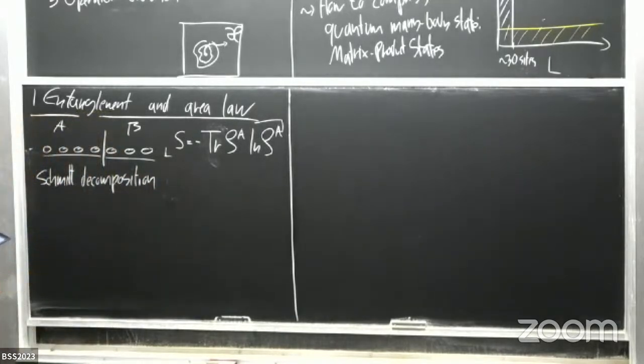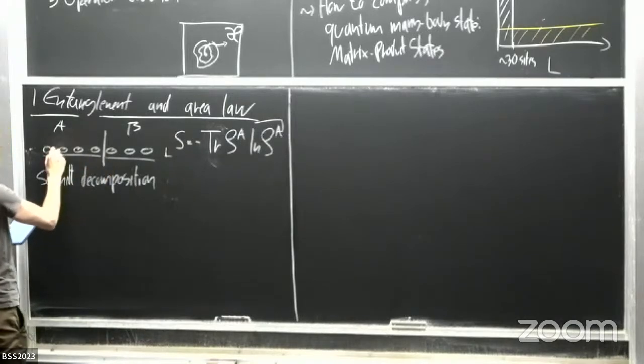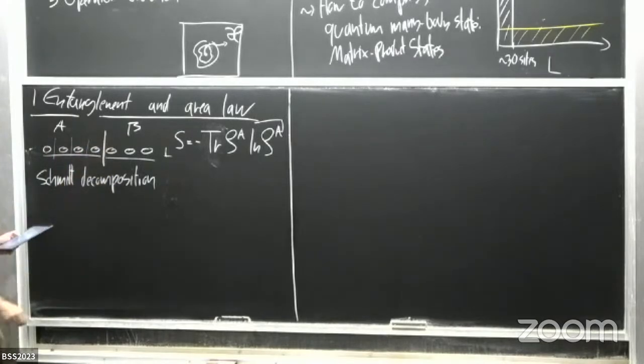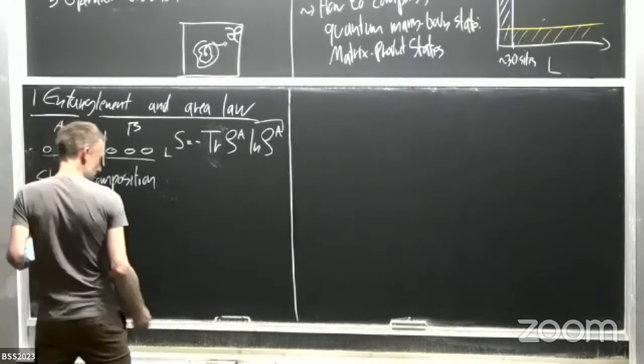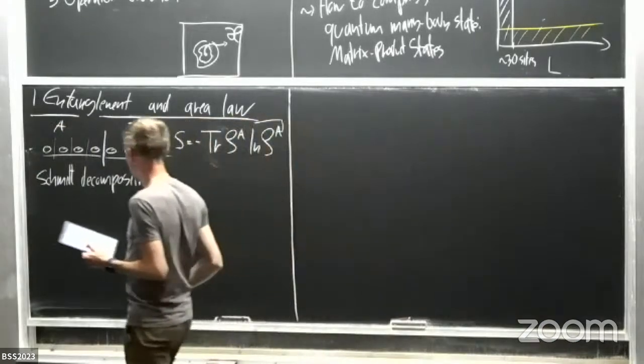So now we keep the same bipartition that I advertised here. We're just cutting our system into two halves, and I can do this roughly in the middle, but I can do this at every bond that I'm thinking about. I'm just picking one bond in which I'm doing this decomposition now. And for the Schmidt decomposition, let me just write it in orange because I'm going to refer to it many times.